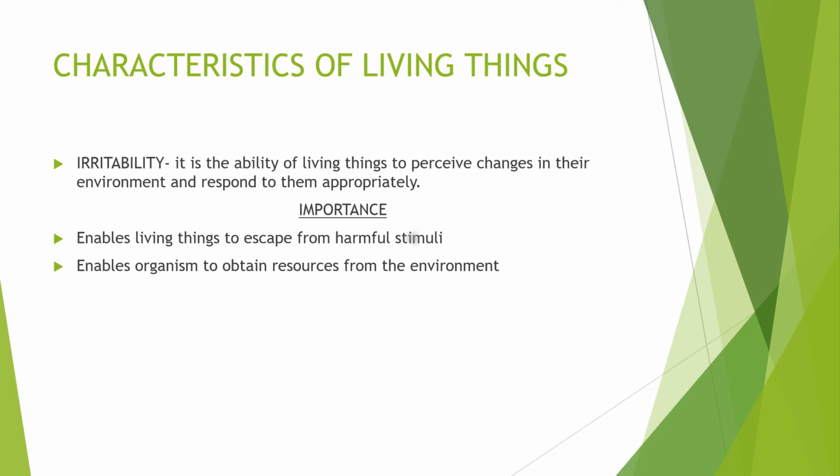This shows that the human being is responding to the change in the environment becoming hot, so he or she responds appropriately by withdrawing the hand. Importance: it enables living things to escape from harmful stimuli. Another one is that it enables organisms to obtain resources from the environment.